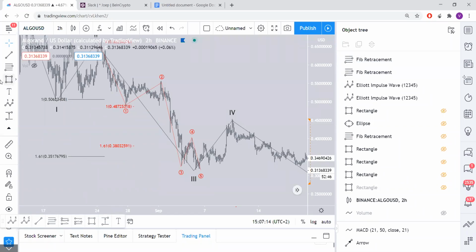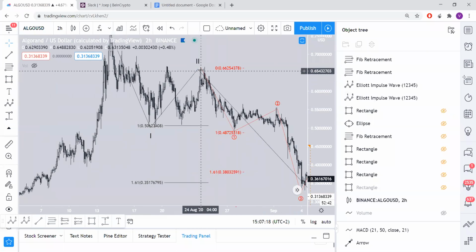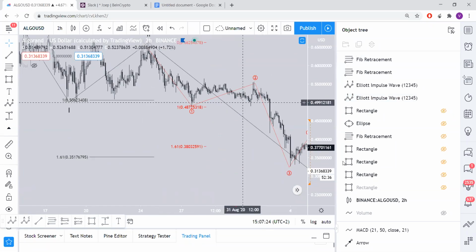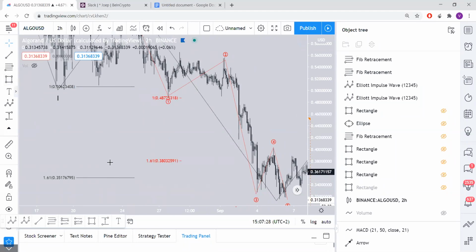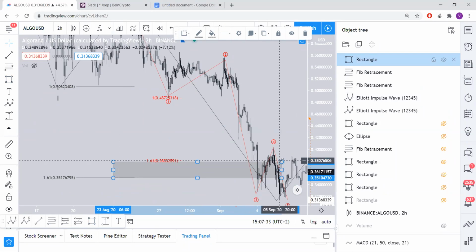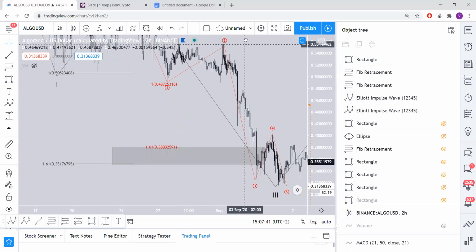But again, if I was trading this and say I picked a short here, I managed to pick the exact top of wave 2, my target would have been here between the 161 of the larger degree wave 1 in black and the 1.61 of the smaller degree waves which are in red.